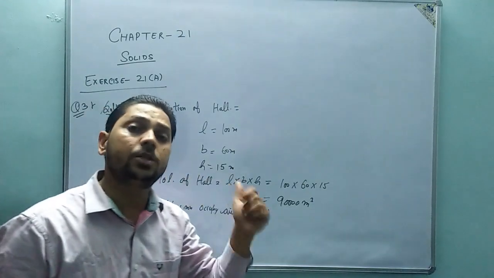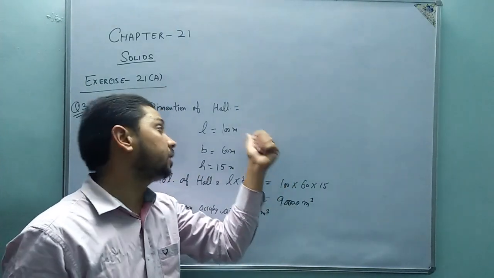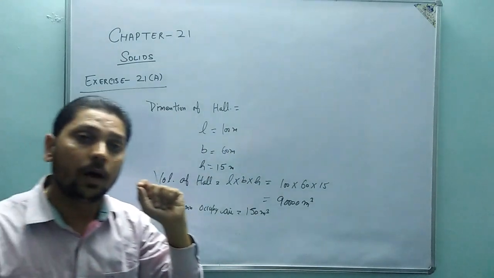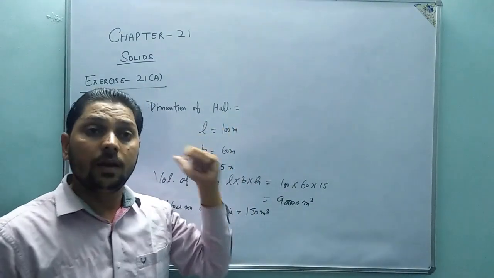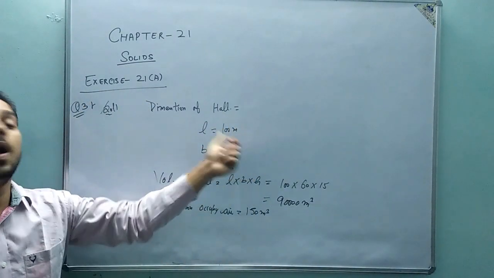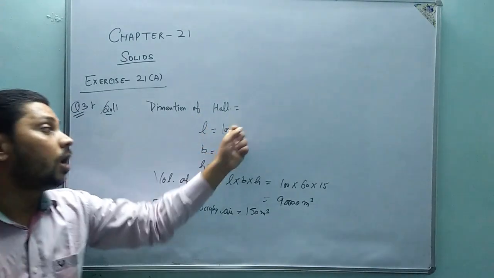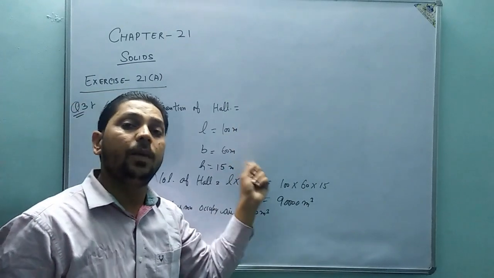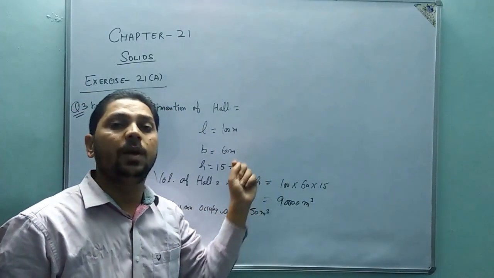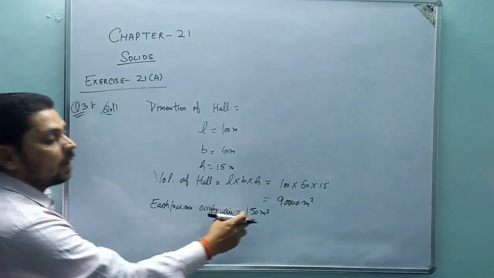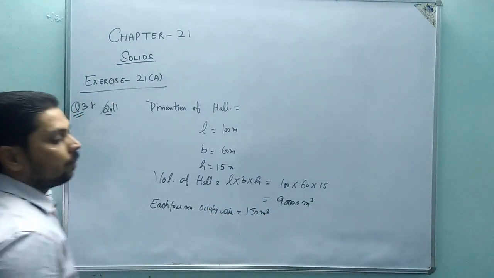Each unit must be in the same order. For example, all should be in meter, meter, meter, or centimeter, centimeter, centimeter. If any of the units is not in the same order, you have to make it the same.